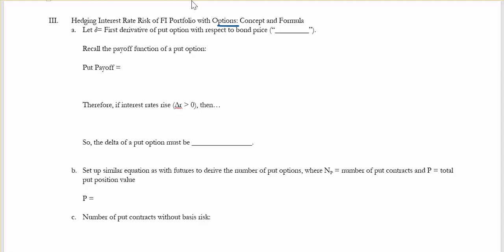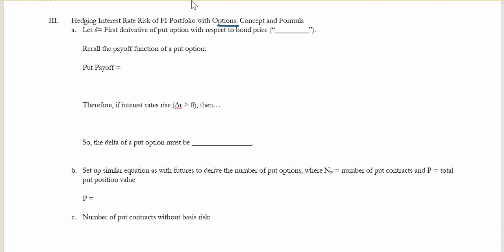Now, with pricing of options, the value of the option is going to be dependent on the value of the underlying asset. And in a call option where you have a right to buy, the value of the call option will go up when the underlying asset goes up.